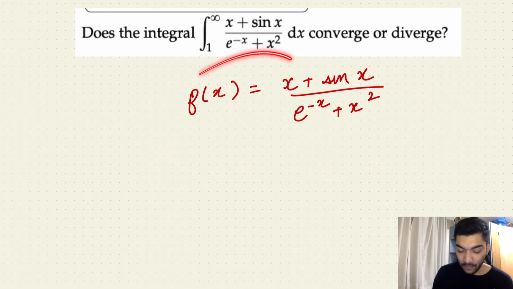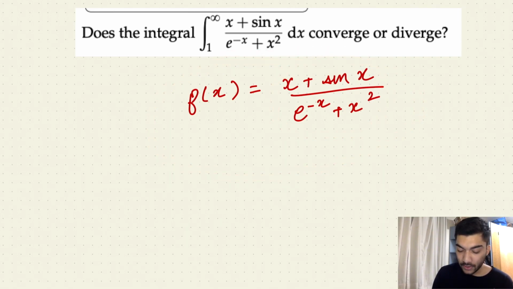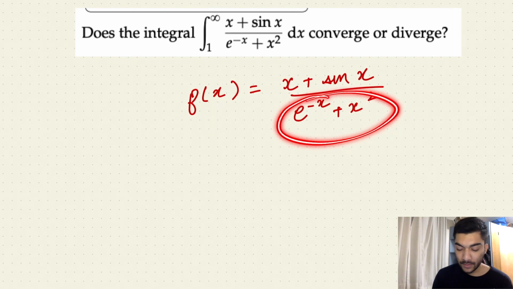And now we'll have to evaluate the behavior of this function. What will this function expression look like when x is very large? For large values of x, you can clearly notice that e to the power minus x is a decreasing function and x square is an increasing function. So for large values of x, your denominator will approximately be equal to x square, because e to the power minus x will tend to 0.